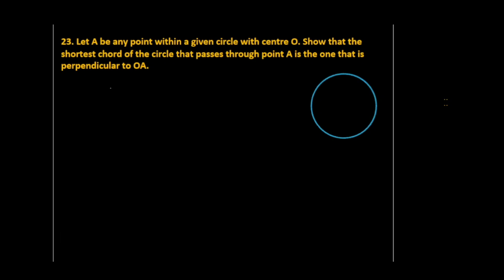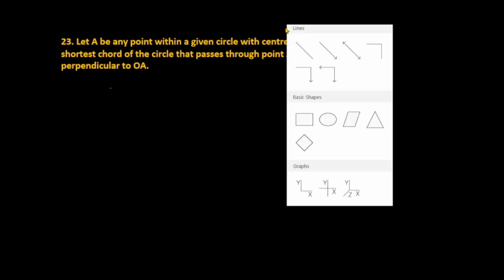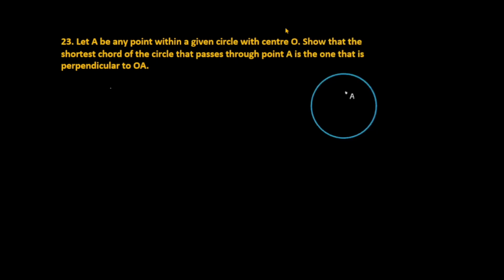Let A be any point within the given circle. So take a point A. This is point A. So take a chord which passes through the point A.